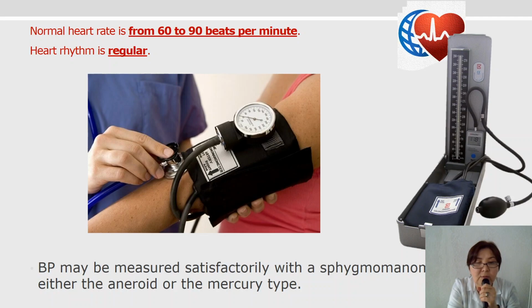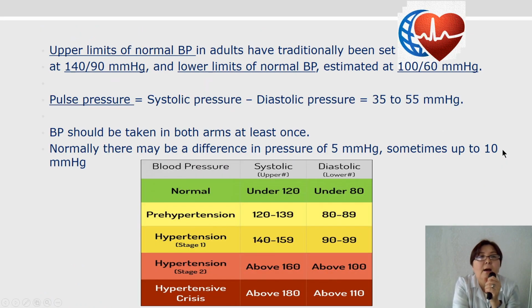Blood pressure may be measured satisfactorily with a sphygmomanometer, either the aneroid or the mercury type. Upper limits of normal blood pressure in adults have traditionally been set at 140 over 90, and lower limits of normal blood pressure estimated at 100 over 60 millimeters.